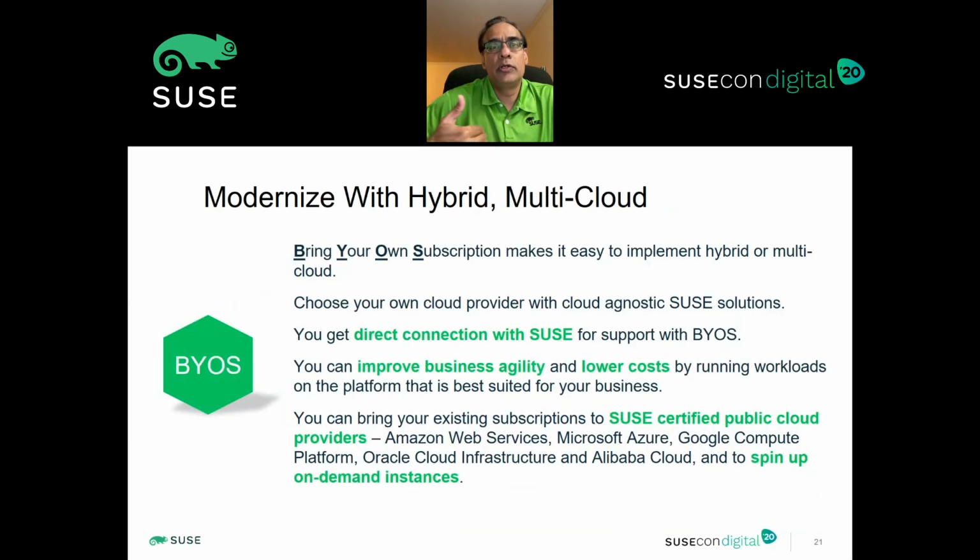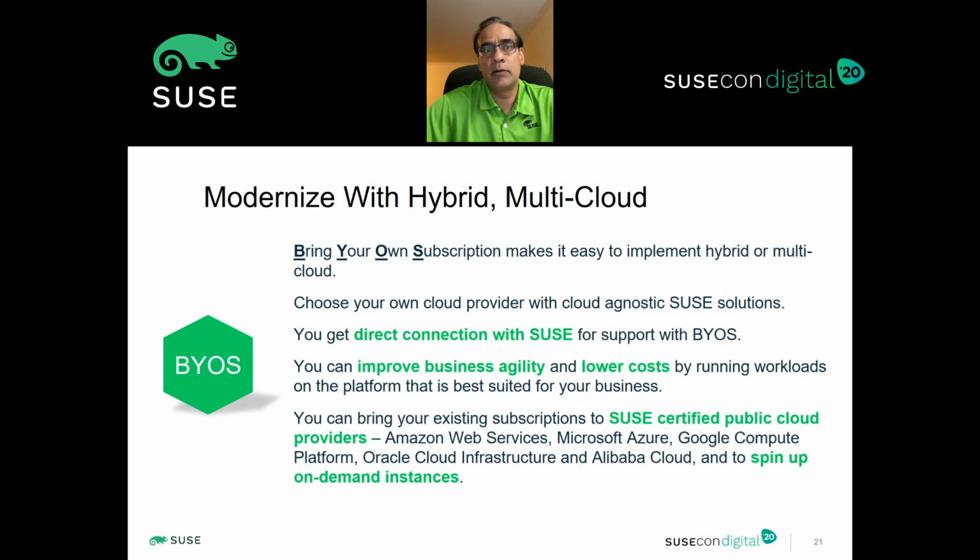You can use your existing subscription, that's bring your own subscription if you have on-prem, and then just take it to the cloud. And that just makes it easier and simpler for you. Again, you don't have to think too much or design your systems way up ahead in time, which is very hard to do these days when things change so fast, the technology changes so fast. So you have that flexibility: once you have a subscription, you can move it whether on-prem or cloud. And you can choose your cloud.